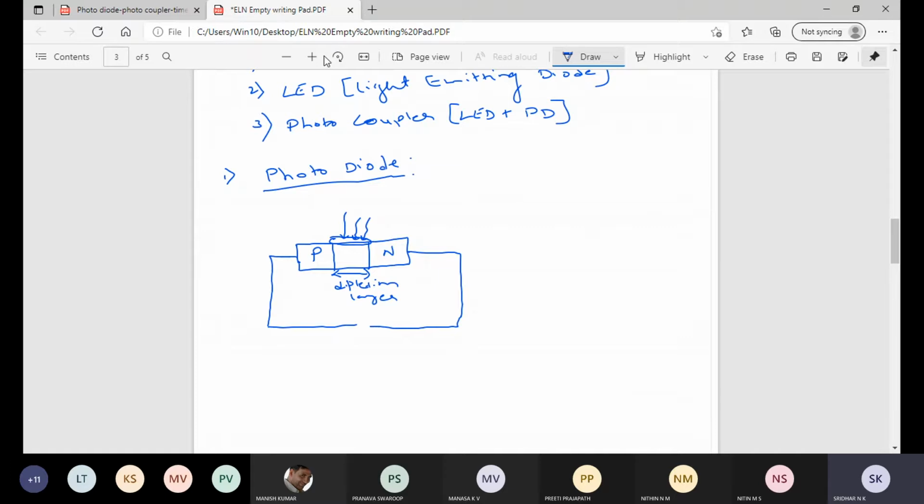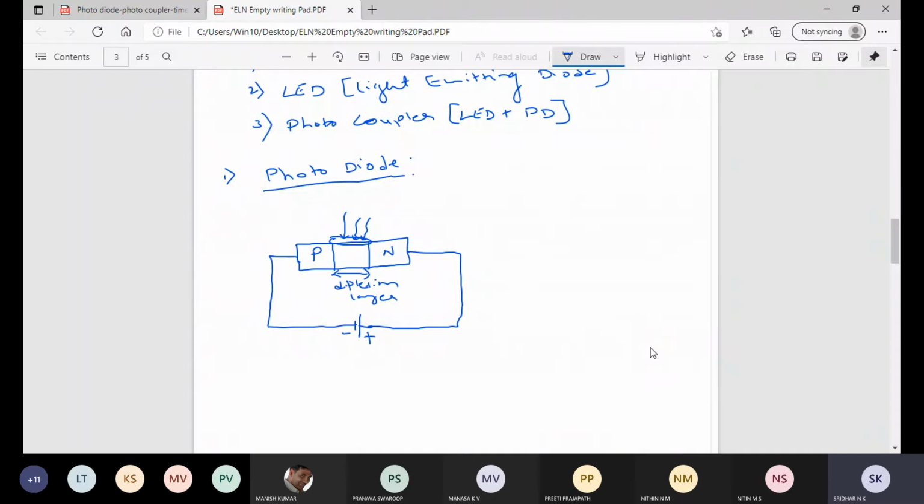P type is connected to which type of polarity? Negative, yes. And N type is connected to positive polarity, right? So always remember, photodiode should be connected in reverse bias only. There is some reason for this. I'll let you know once I complete the operation of this diode.